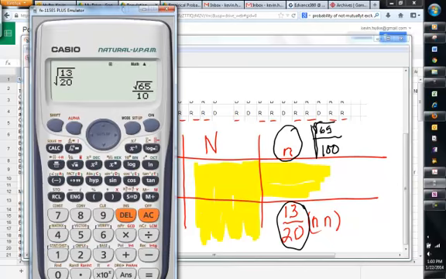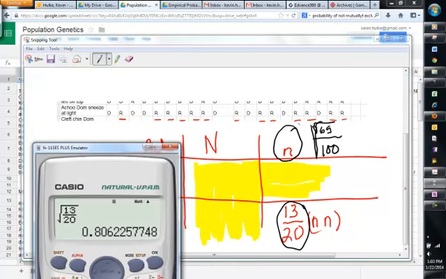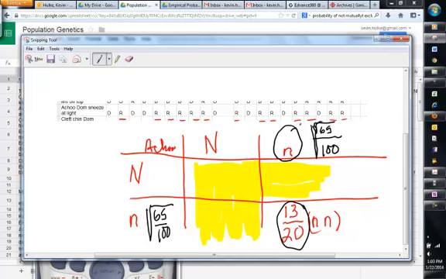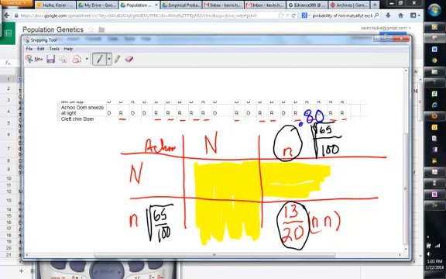Now you're used to dealing with decimals, so I'm going to change that to a decimal. The recessive trait, and I'm going to use blue here, is 0.806, I think that was a 6, right? 0.806.